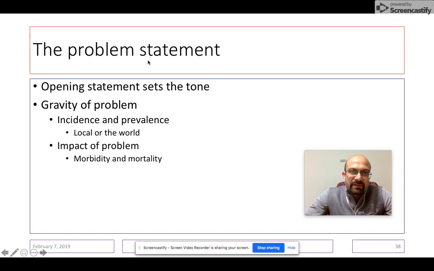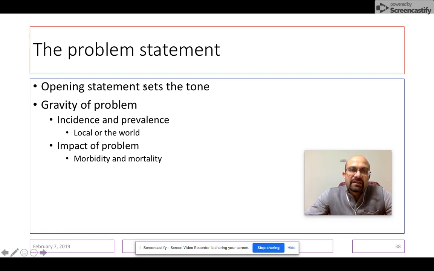In the problem statement, you describe what is the gravity of the problem. You can describe that by stating what is the incidence, what is the prevalence, what is the local scenario, what's happening in the world, what is the impact of the problem, what is the morbidity and what is the mortality, how does it impact the quality of life, how does the impact on the individual.